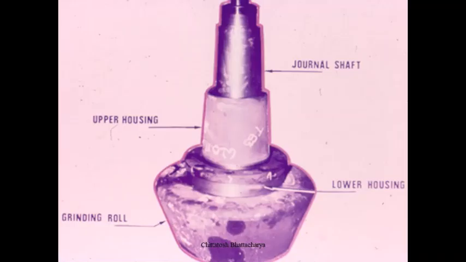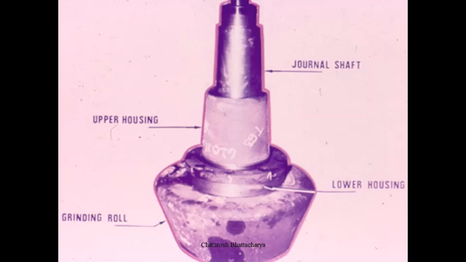Roller journal assemblies are made in such a way that there is a roller journal shaft. The journal shaft is fitted with a lower journal housing and an upper journal housing. There are two sets of bearings.